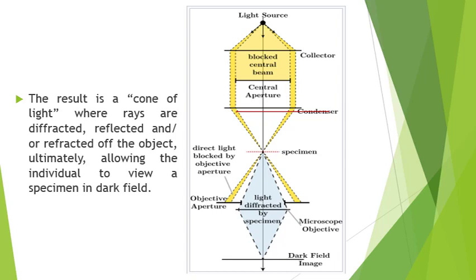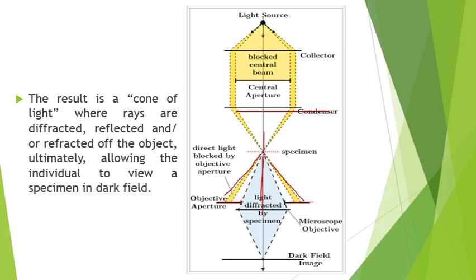The disc blocks the light that would enter the objective lens directly. Here you clearly observe these are the objective apertures that block this light, and light only transmits through the specimen.